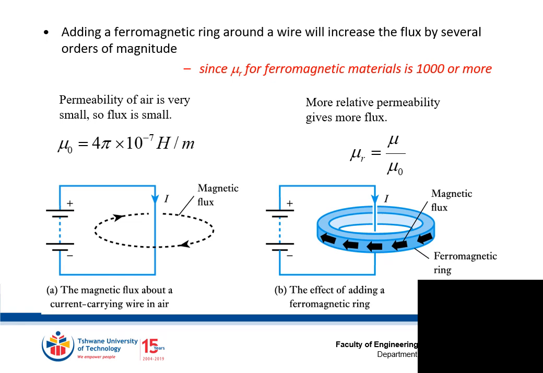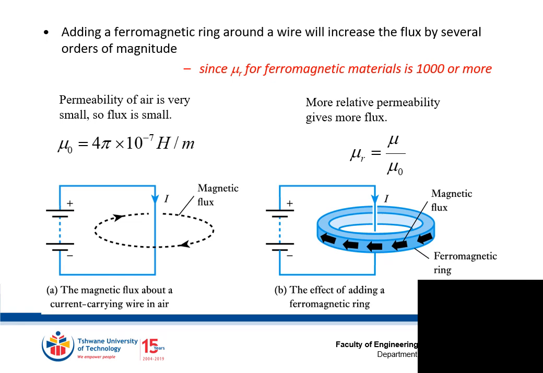Why is that so? Because on the left-hand side we have the permeability of air, which is relatively smaller. It's represented by mu naught equals 4 pi times 10 to the power minus 7 henries per meter. Then on the right-hand side, the relative permeability of a ferromagnetic material is about 1,000 or more.